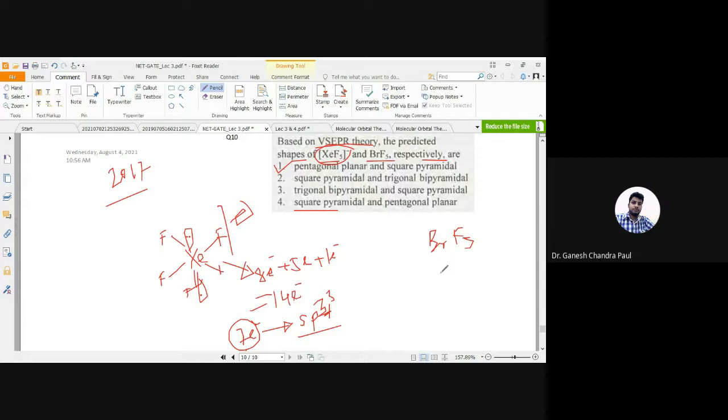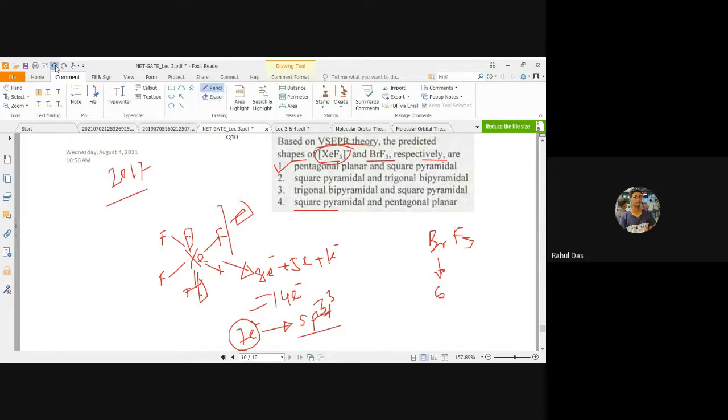From bromine, how many electrons would you expect? It is 6. No, it is not 6, it is 7. Sorry, it is 7 electrons for counting of the valence electrons.